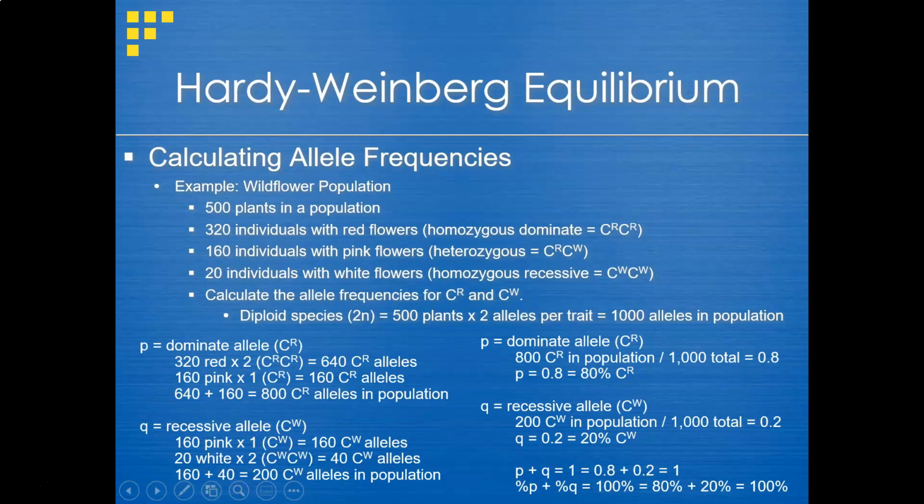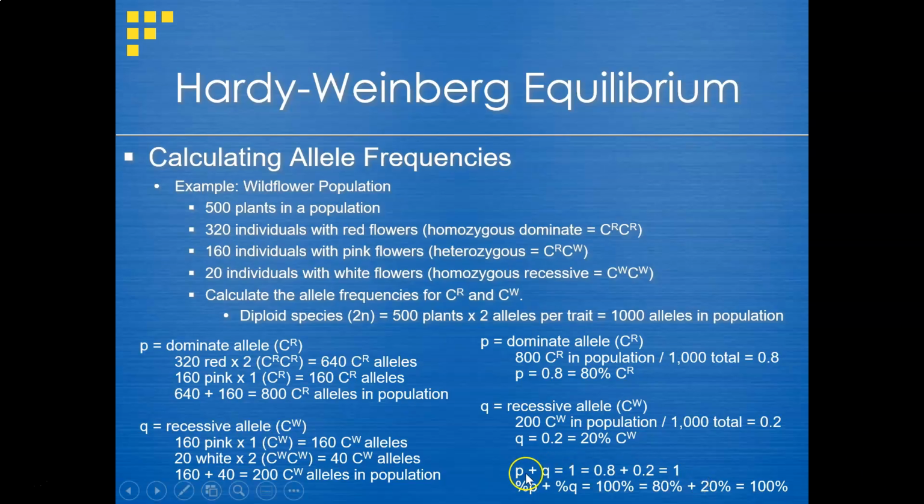Now what I will say is that they will often leave Hardy-Weinberg as decimals, not percentages, so just be careful when you're doing practice problems or if this were to show up on a test question, what they're looking for. Are they looking strictly for the frequency, in which case you'll probably leave it as a decimal, or are they asking for a percentage, in which case you can convert it that way.